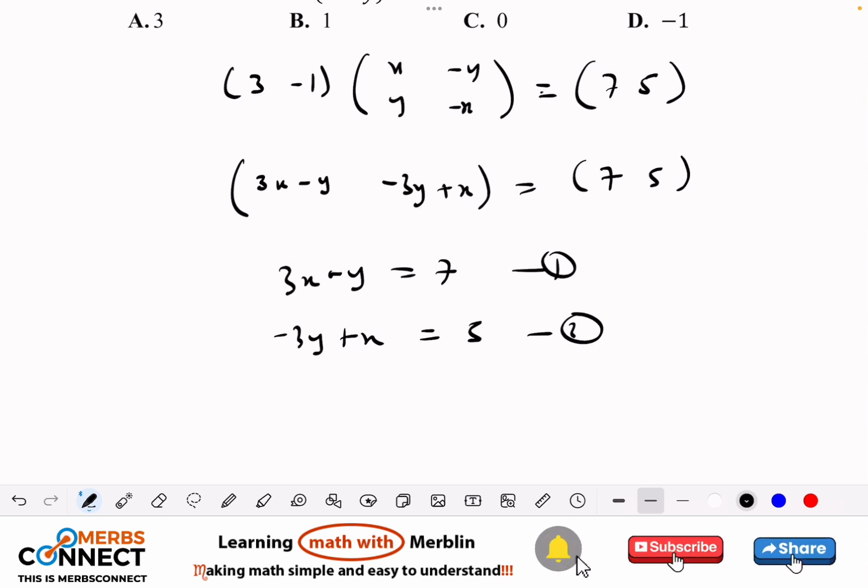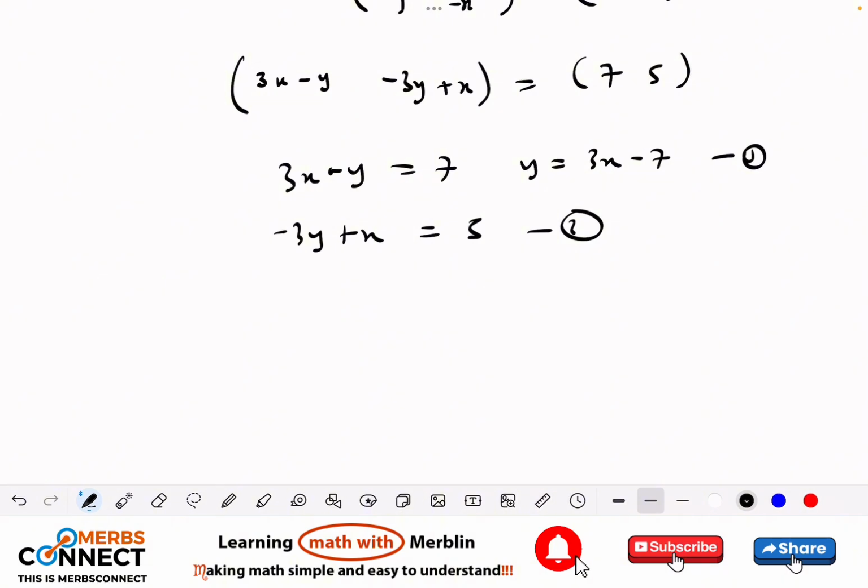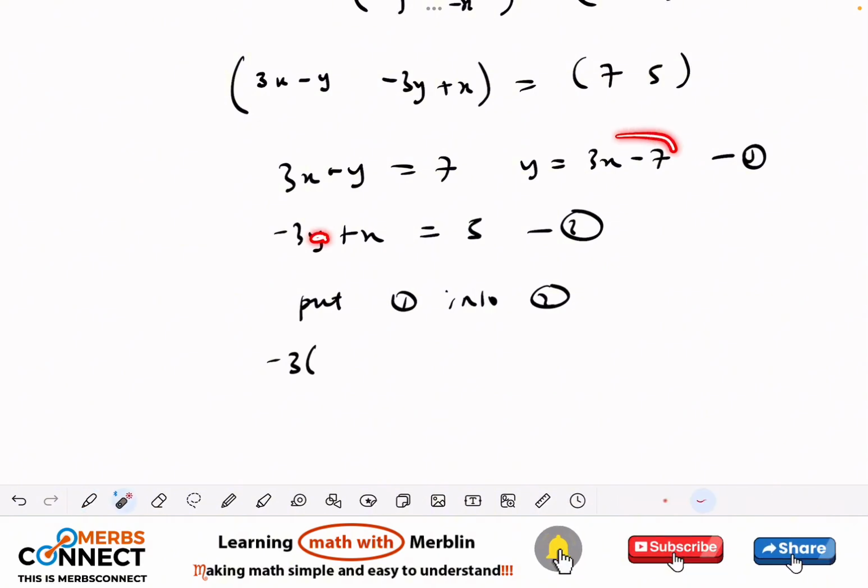So all we need is to solve equation 1 and equation 2 simultaneously, right? But what I can do here is I can make y the subject and have 3x minus 7. So let me do this one, equation 1, so that I can plug equation 1 into equation 2. So I'm going to have minus 3, right? What is y? y is equal to this, right?